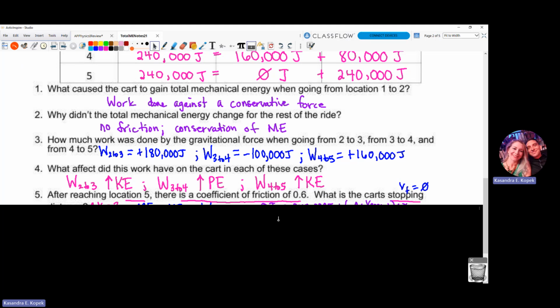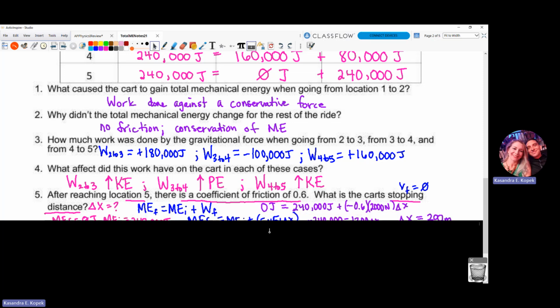We can figure that out based on our relationship of work and the change in kinetic energy. But we can also use it with knowing how much mechanical energy we have and figure out how much work needs to be done to get to a 0. There are different ways to approach it.